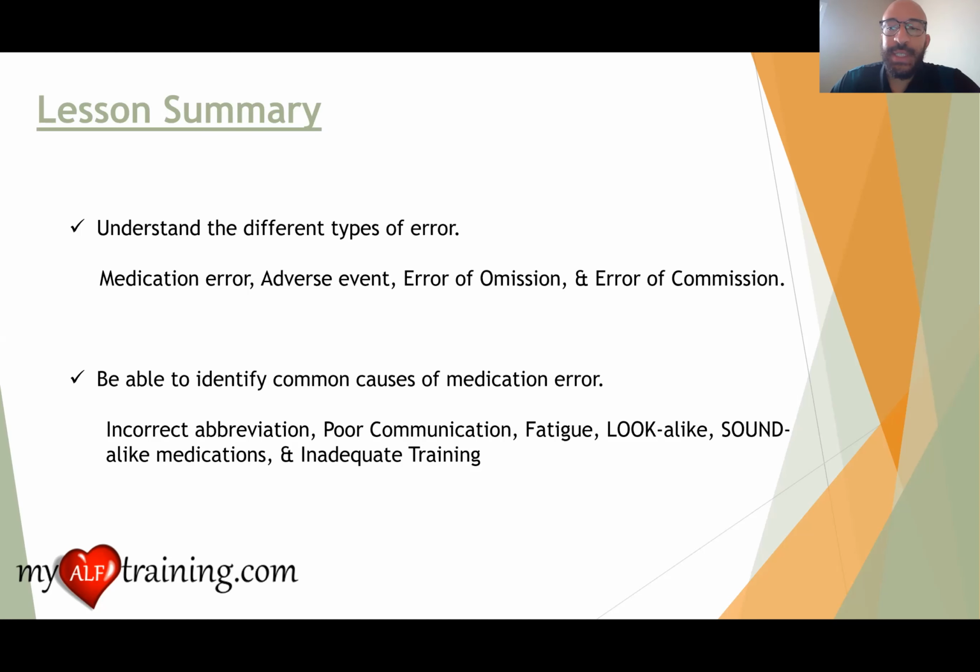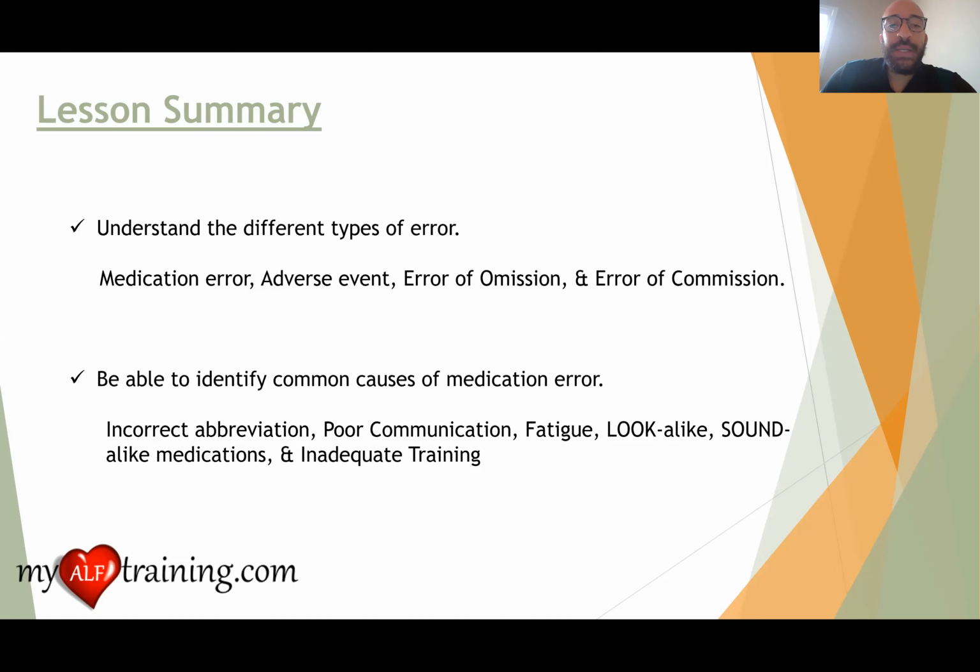So we've reached the end. Hopefully, I know you guys have learned some things. So specifically, lesson summary, you should be checking off that you understand the different types of error. You understand what a medication error is. You understand what an adverse event, an error, and the difference between an error of omission and an error of commission.